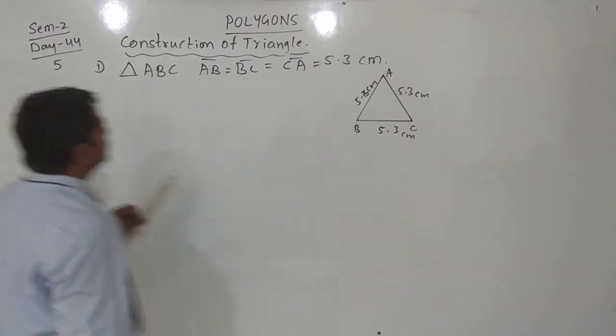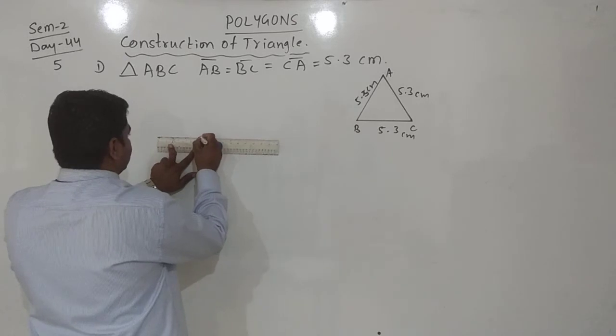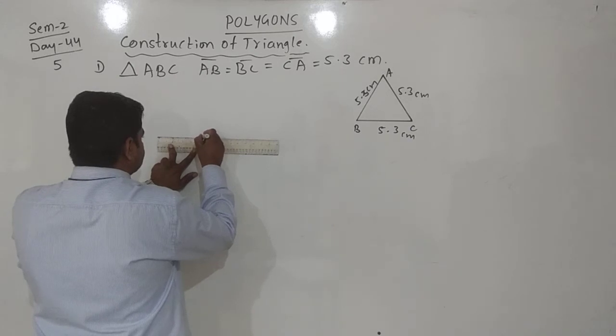Now we will take exact 5.3 with the ruler: 1, 2, 3, 4, 5.